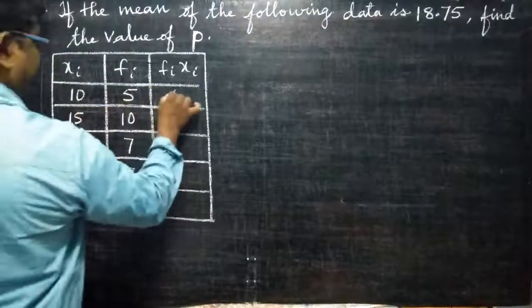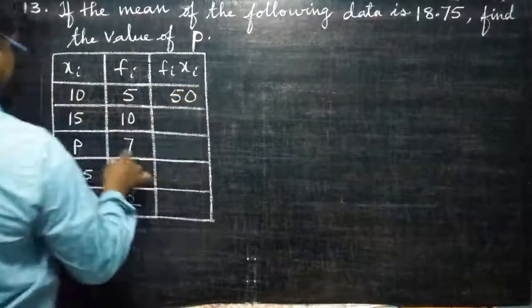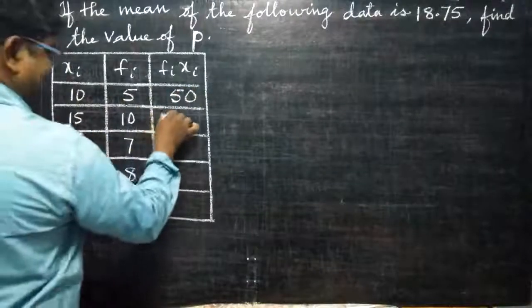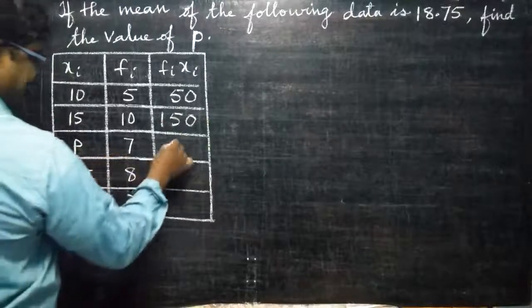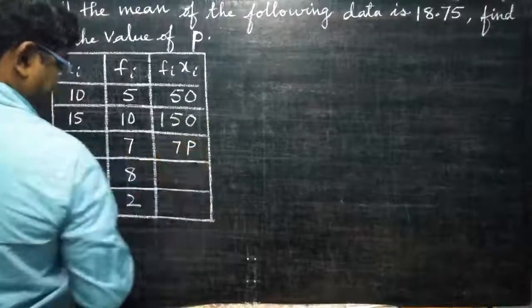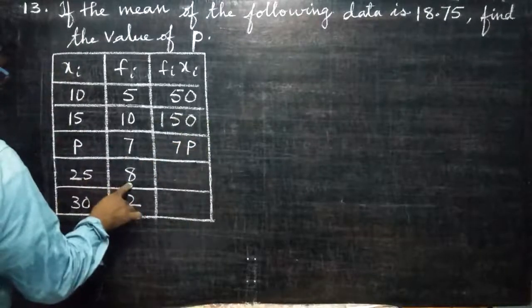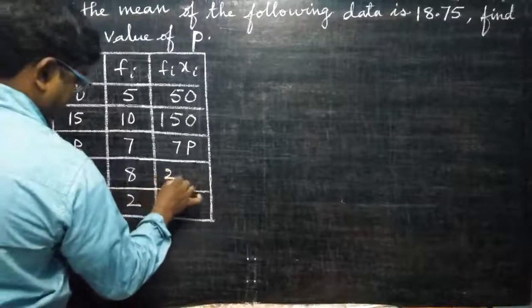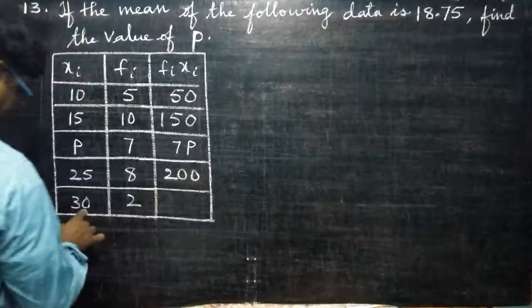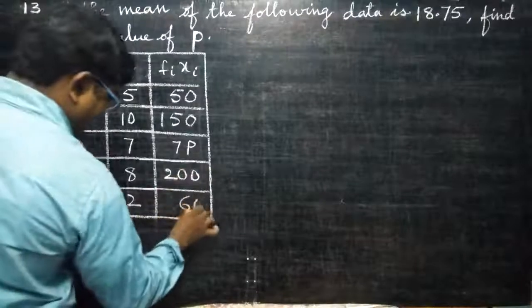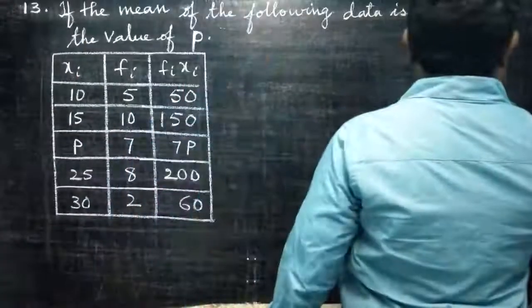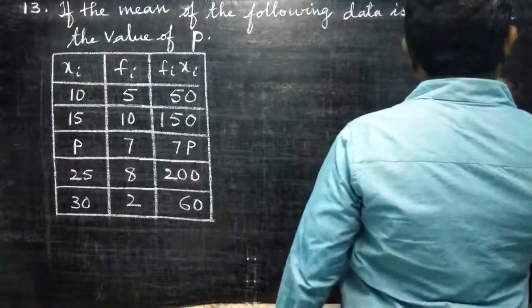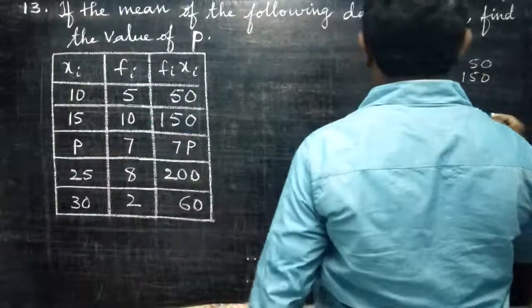10 5s are 50. 15 10s are 150. P into 7 is 7p. 25 into 8 is 200. 3 2s are 60. Write like this and add, because sometimes by mistake you'll add 7 also.